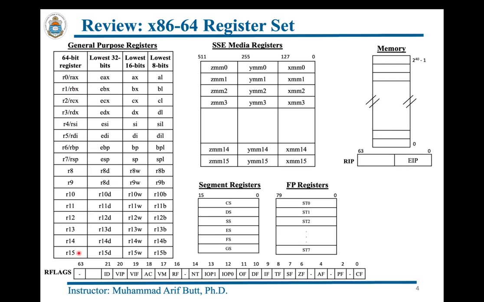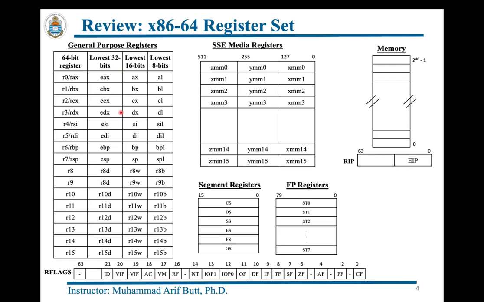For backward compatibility of programs written for the 8086, 80286 and 80386 processors, Intel has used a special naming convention using which an assembly programmer can access the lower 8 bits, or the 16 bits, or maybe the lower 32 bits of these 64-bit general purpose registers. And we have talked about these in detail in our previous session.